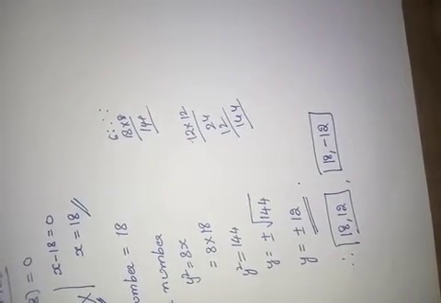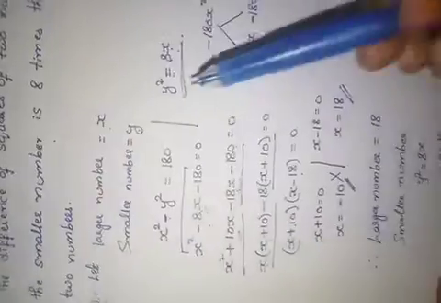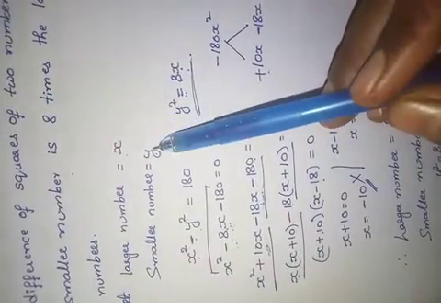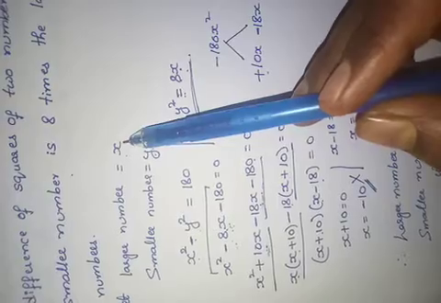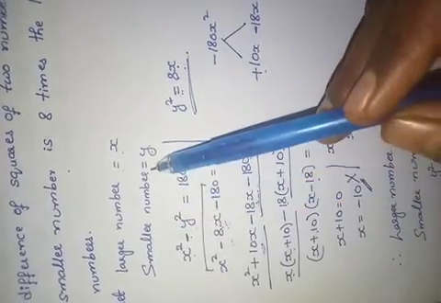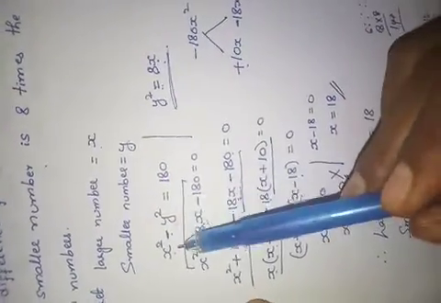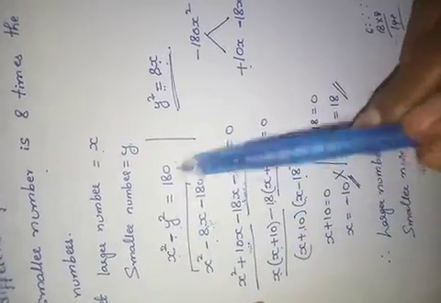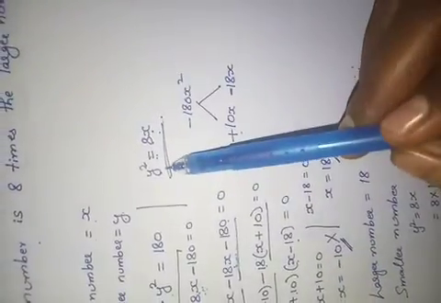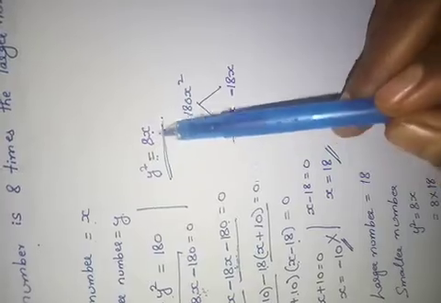Did you understand? They have given the larger number and smaller number. I don't know the larger number, so I am taking it as x, and the smaller number as y. The difference of squares of the numbers is 180, and the square of the smaller number equals 8 times the larger number.